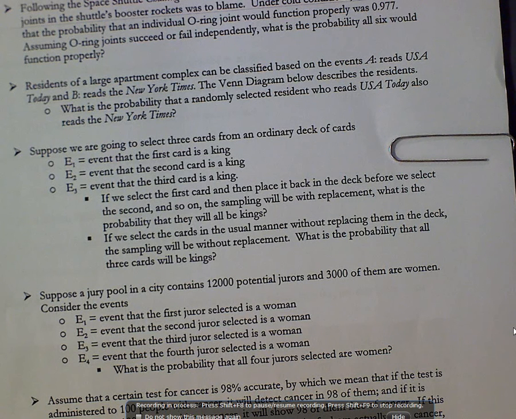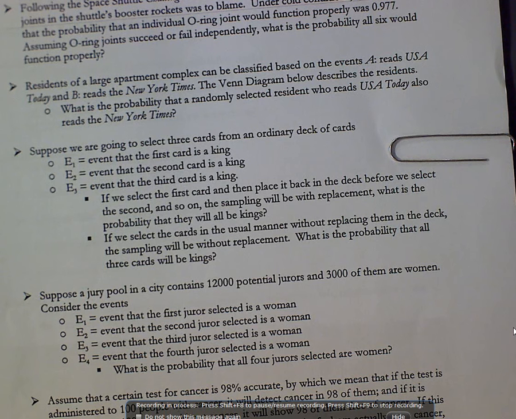What's the probability the first person I pick is going to be a woman? 3,000 out of 12,000, okay? If I put her back, what's the probability the second person I pick is a woman? The same. And the third, right? Okay.